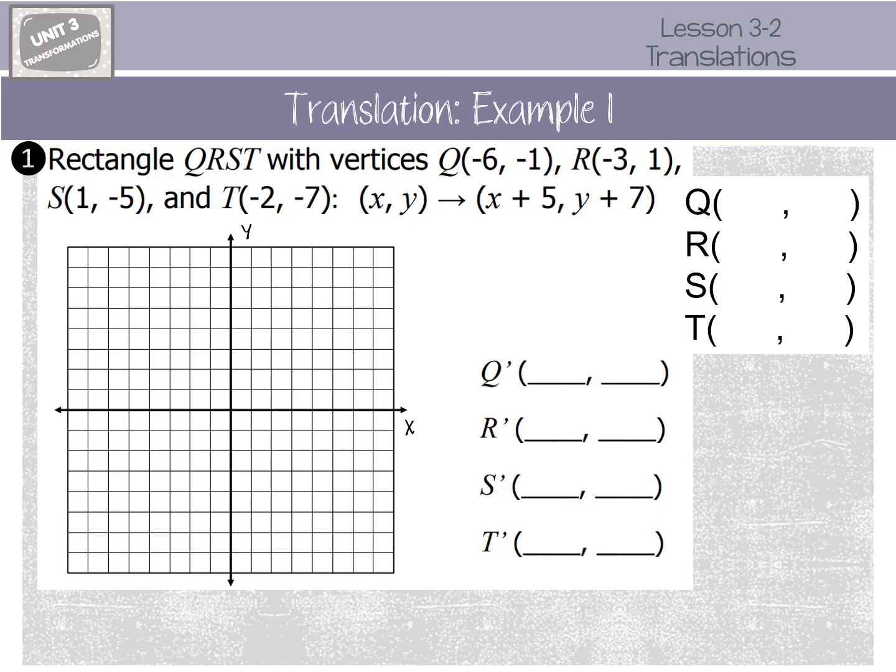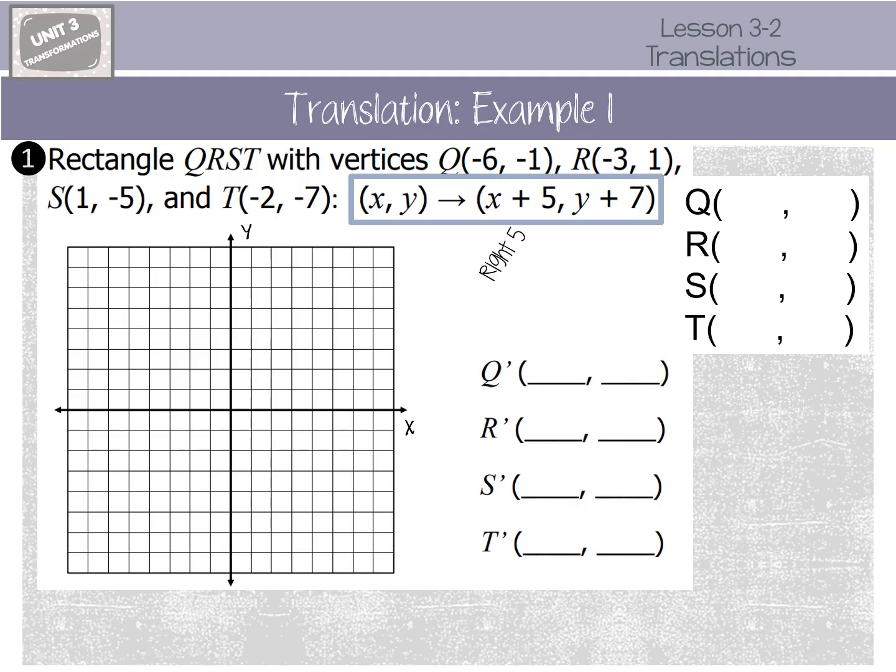Translation, example 1, rectangle QRST with vertices Q at -6, -1, R at -3, 1, S at 1, -5, and T at the point -2, -7. Here's our rule. We're going to take every point x, y, and it's going to go to the point x plus 5, y plus 7.